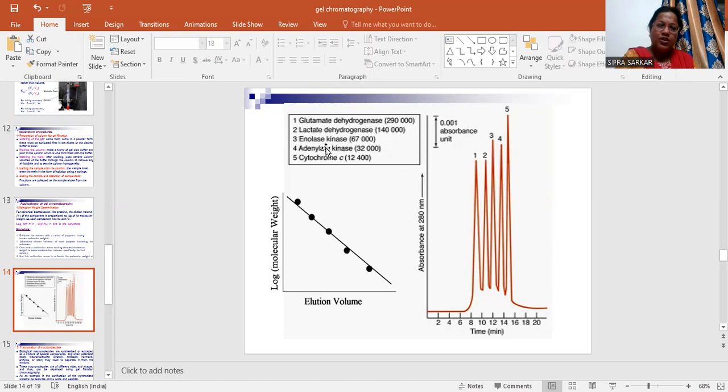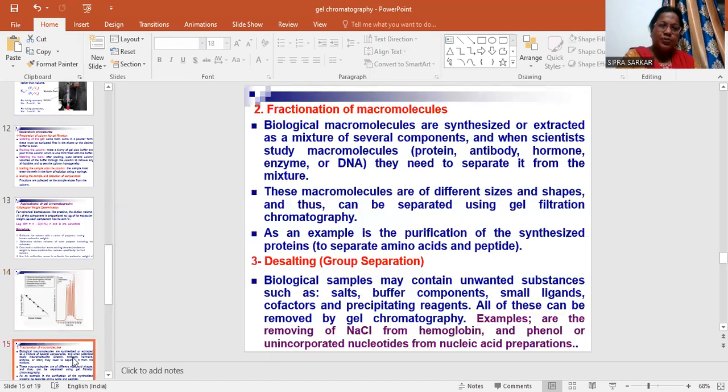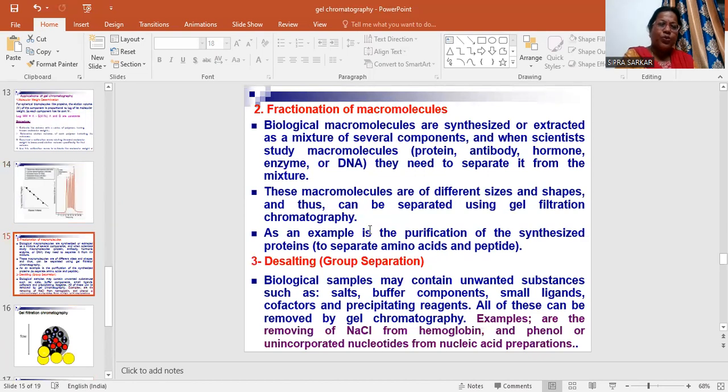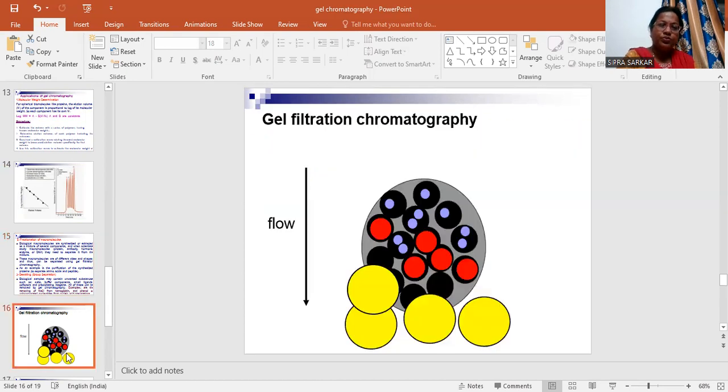These are different kinds of enzymes, including kinase. Here you can see different peaks of different enzymes and cytochrome C, and this type of component can be separated through this process. Fractionation of macromolecules, where you get the macromolecules in fractions, and desalting, which is a group separation, can be done by this method.